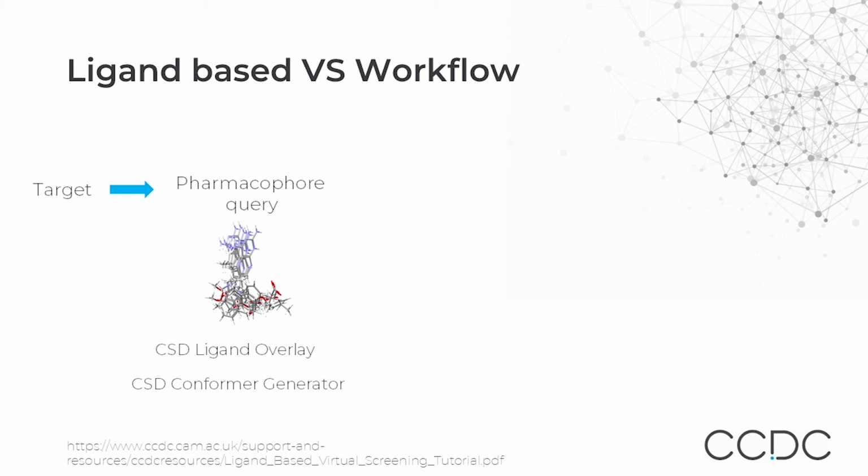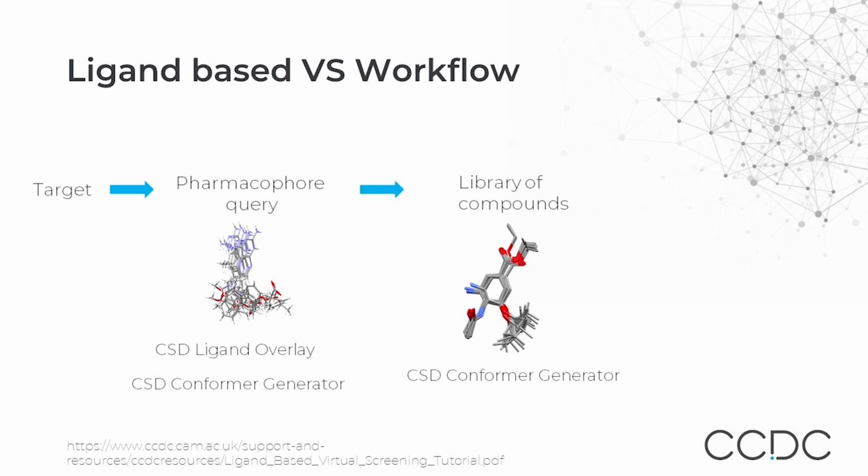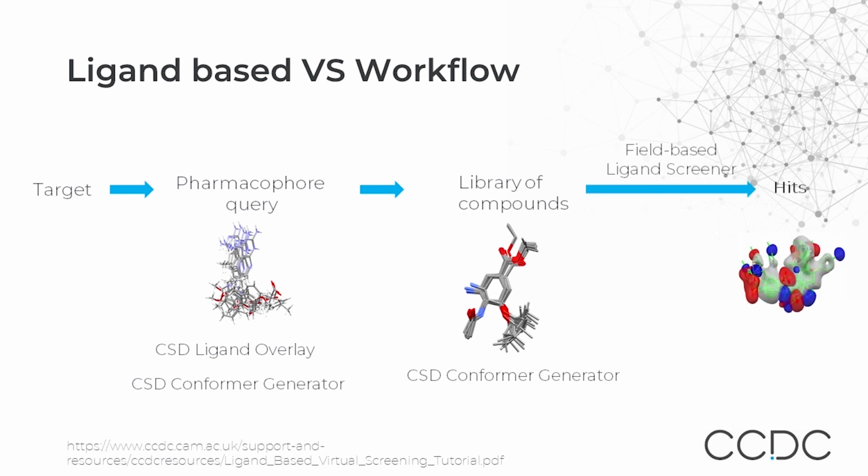Next, in the screening of the library, the CSD conformer generator can also be used to generate conformations of the library of active and inactive compounds before or during the screening step. And finally, a library of active and inactive compounds can be screened against the selected overlay solutions by using the field-based ligand screener, and all the enrichment metrics can be calculated.